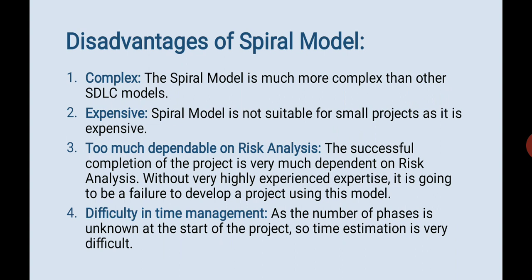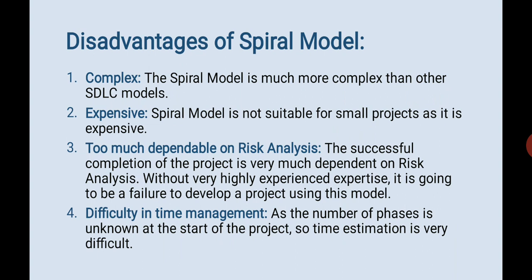Anything that can withstand risk is actually a durable thing, no? So the spiral model is durable, but the complexity increased in the designing. In each and every phase the complexity is actually increased. Expensive. As I said, good things are expensive, so the spiral model is actually expensive, and it is not suitable for small products.